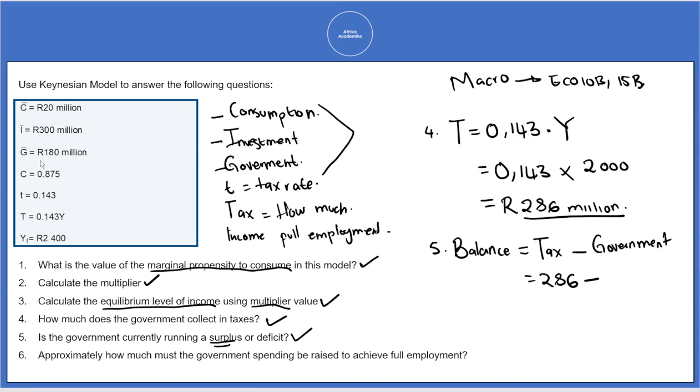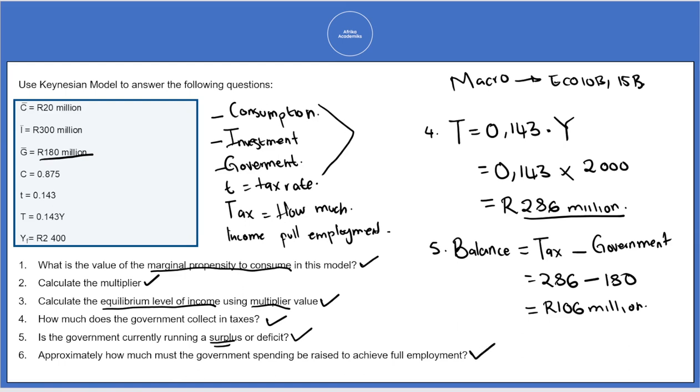The government spending is the one over here, which is 180 million. So you'll say 286 minus 180, they are left with 106 million. So the government has a surplus. The government has spent 180, they are left with 106 million. So there is a surplus. That's what the question is asking: is the government currently running a surplus or a deficit? That's how you calculate that.